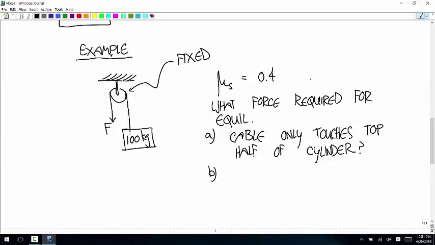So 3 full lines around, and then down. So 3 full times around the cylinder.